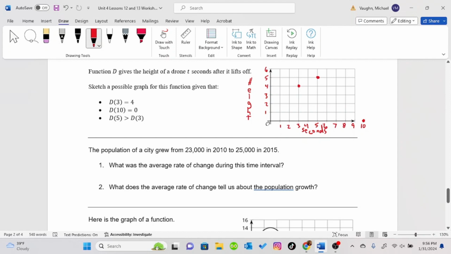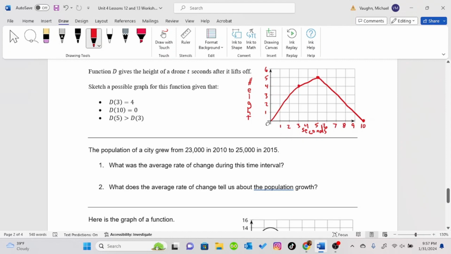Since this is a drone that is going to lift off, go a little bit higher, and then come back down and land, our graph could look something like this.